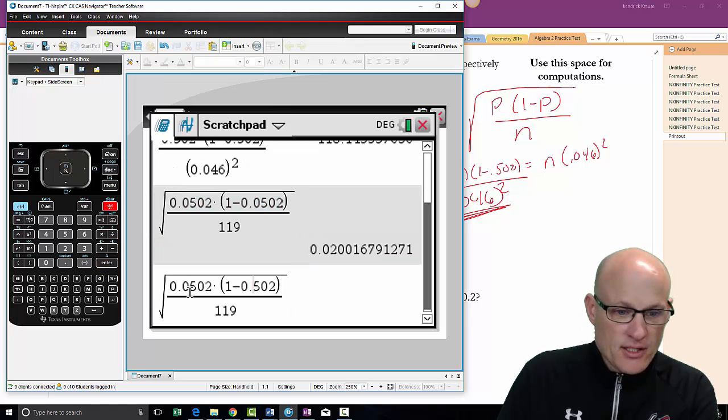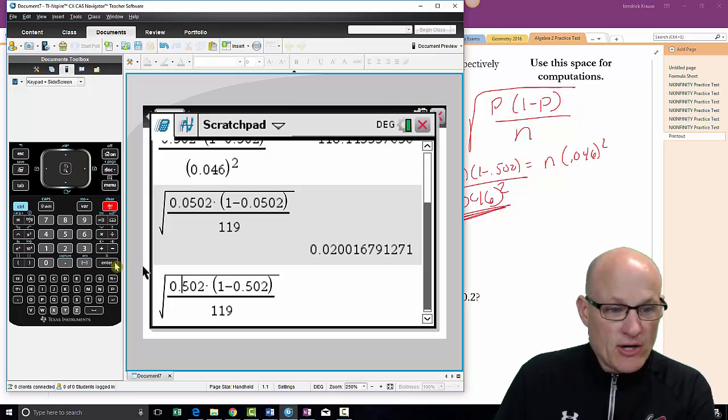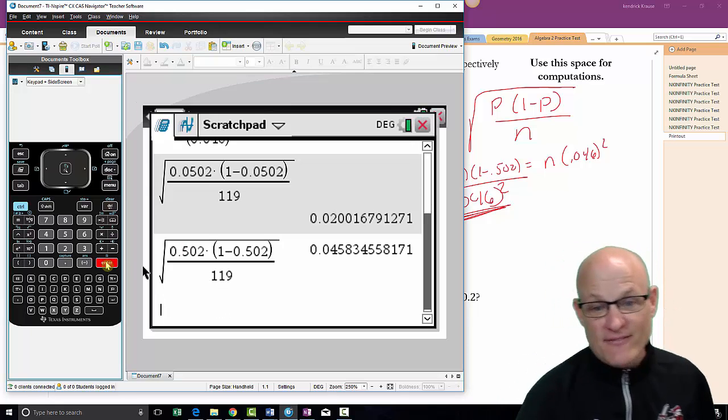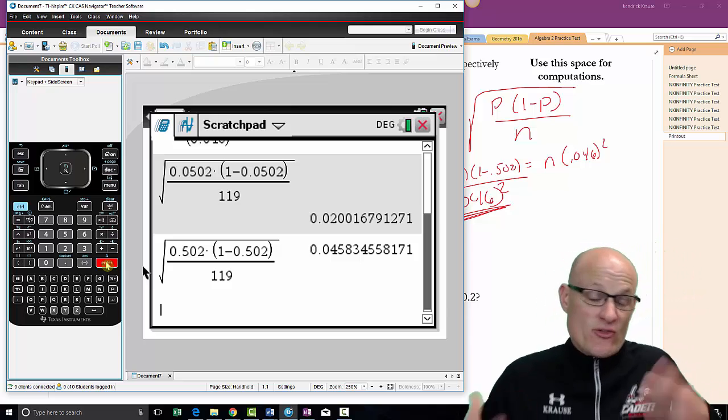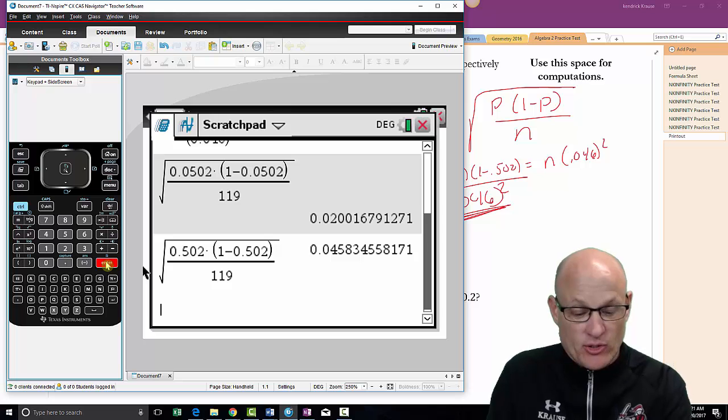Sorry kids, clearly using a calculator is not my strength. If you just plug in 119, you get 0.046. And so there you go. That's the answer. That's the easiest way to do it, is just to plug in the answers.